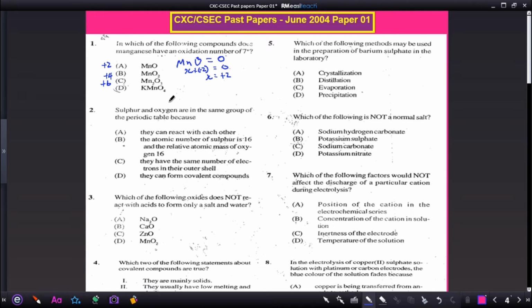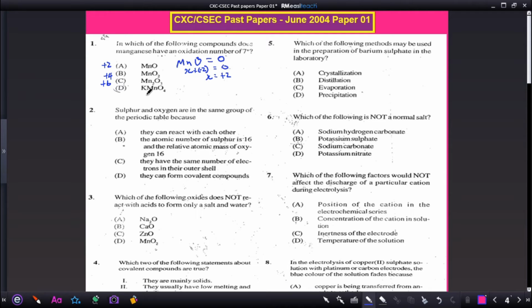Oxygen will always have an oxidation number of -2, and there are 4 of them. So 4 times 2 is 8. So in this case, oxygen is -8. Because it's a neutral compound, +8 must cancel -8 for us to get 0. However, there's another metal there, which is potassium.